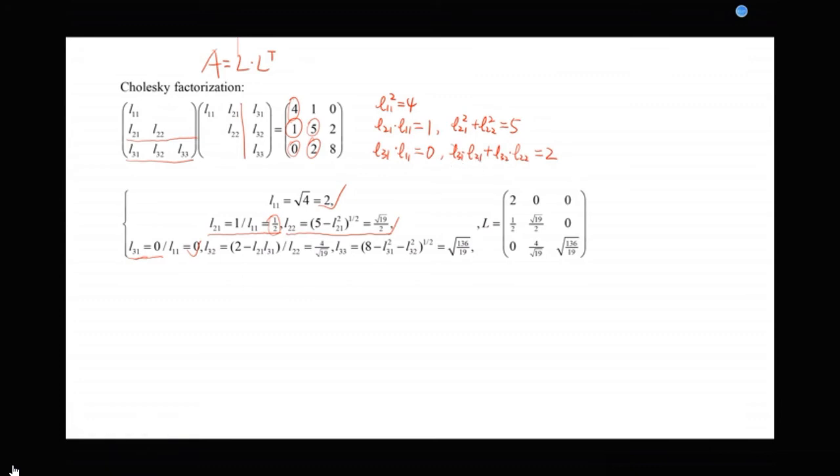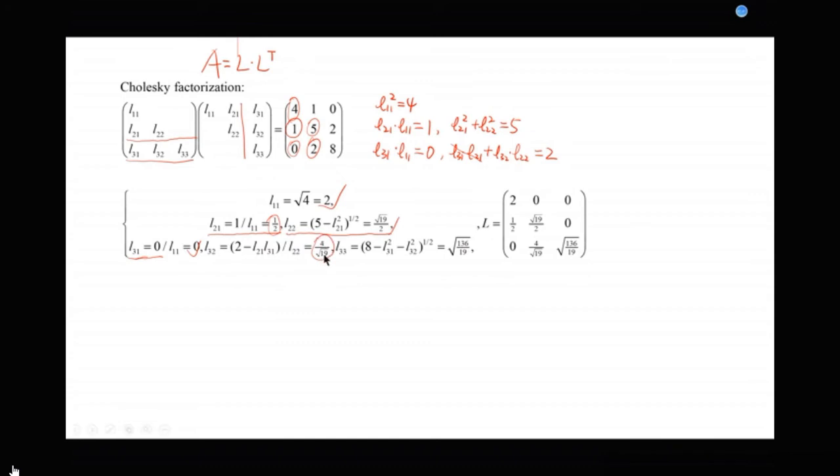So actually, we only need to solve L32 by 2 minus L21 multiply L31, which is 0, divided by L22. So it is just 2 divided by L22. So you will obtain 4 divided by square root of 19, right?